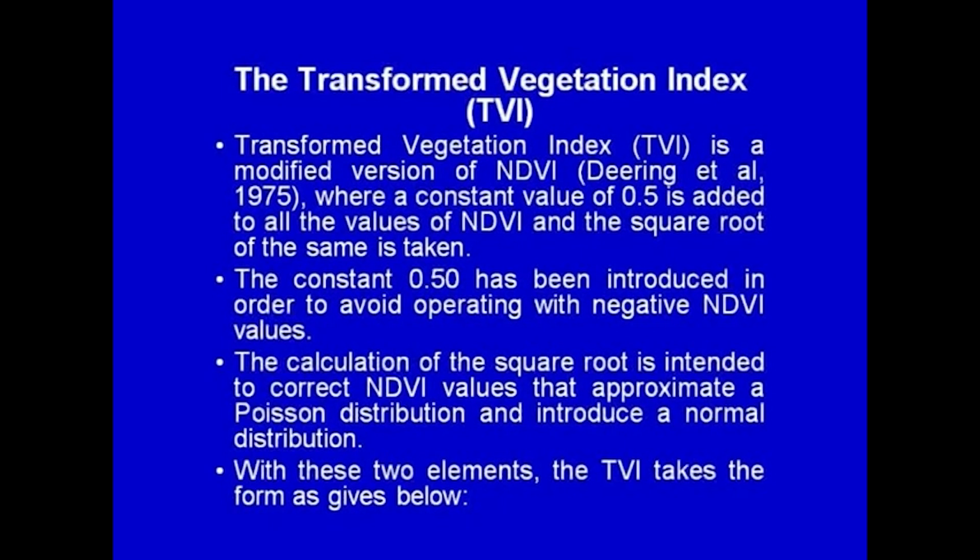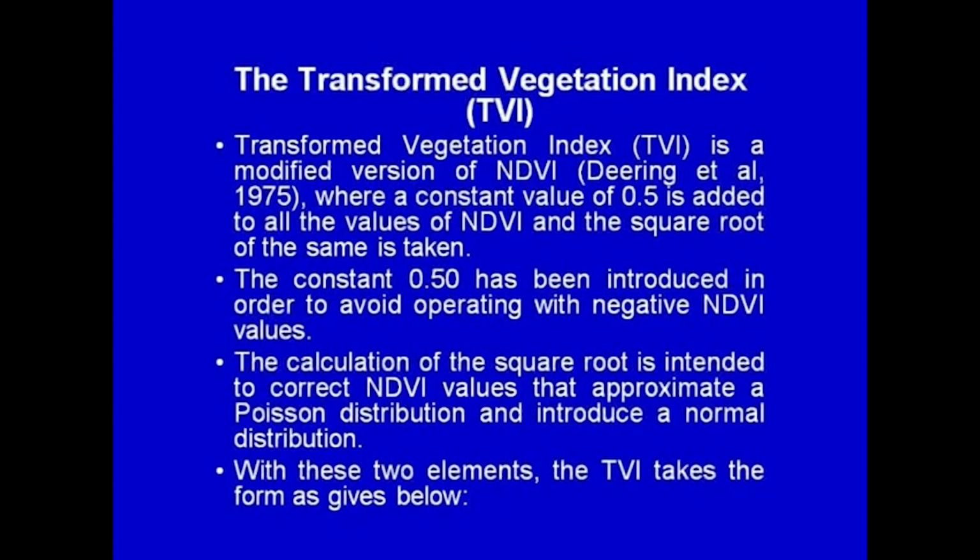Transformed vegetation index is a modified version of NDVI, which was introduced by Deering et al. in 1975, where a constant value of 0.5 is added to all the values of NDVI and the square root of the same is taken. The constant of 0.5 has been introduced in order to avoid operating with negative NDVI values.